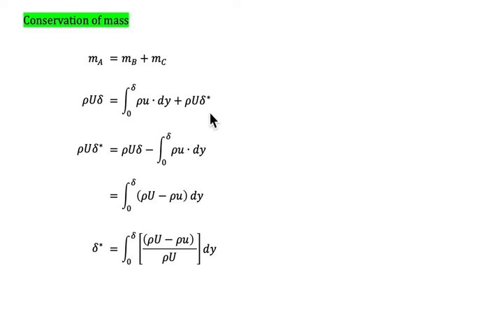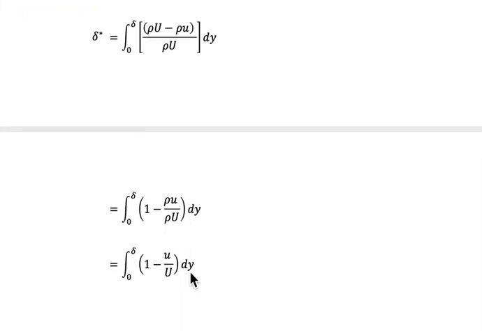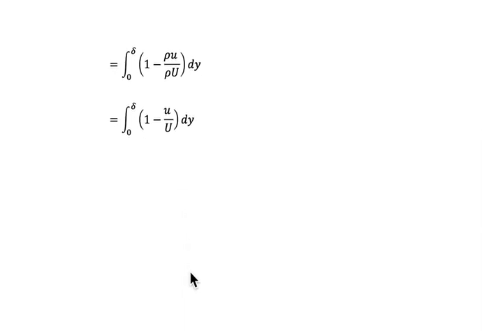After that, because we want to define delta star, we rearrange this equation into this one. Then we simplify it into this, and finally we could say that this is the final term of delta star.